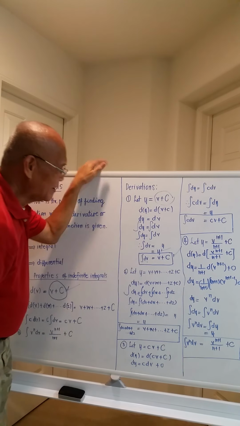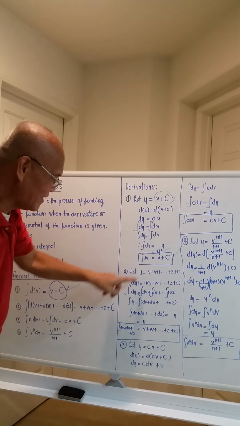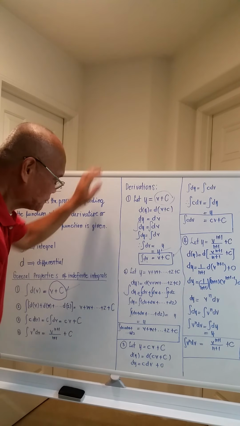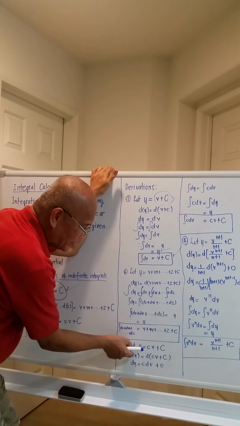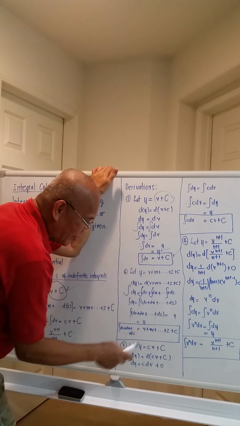But what is y? Y is this. Right? Therefore, in general now, the integral of the differential of the sum of several functions is equal to y. But what is y?